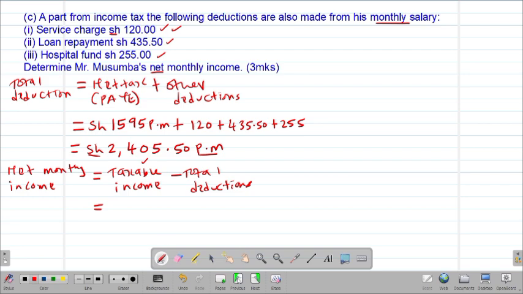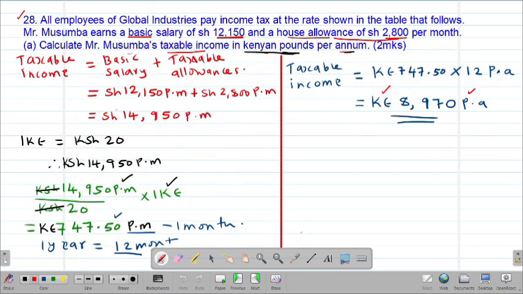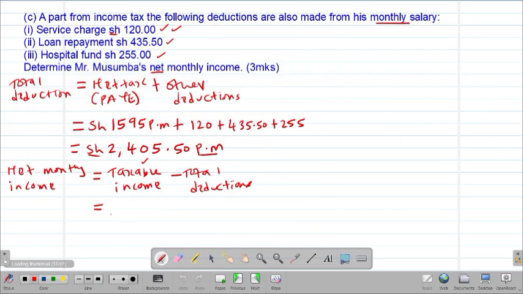If we refer to the very first part, this was our taxable income in shillings per month. It was 14,950 shillings per month. Then total deductions, we've gotten it as 2,405 and 50 cents, also shillings per month.